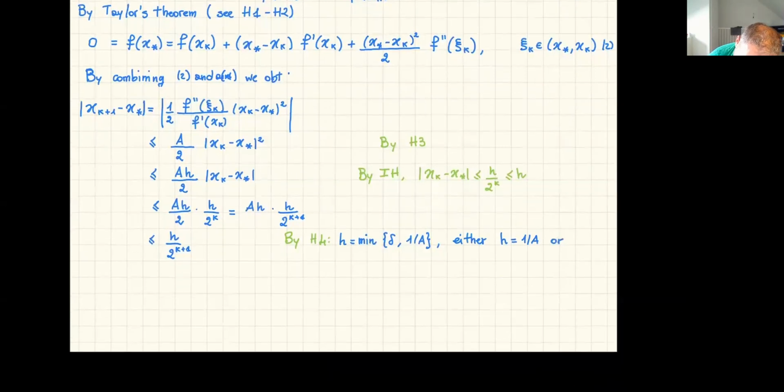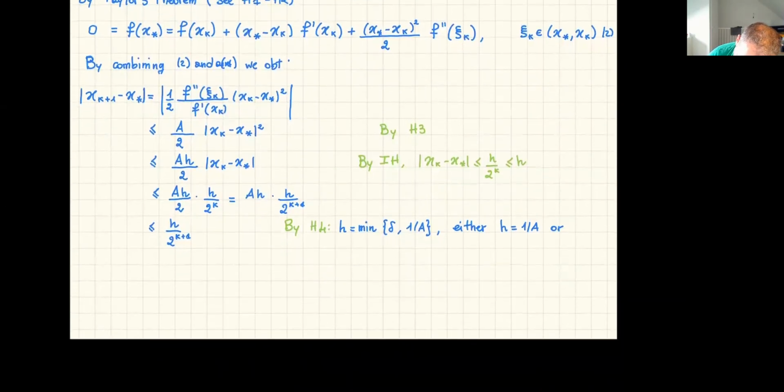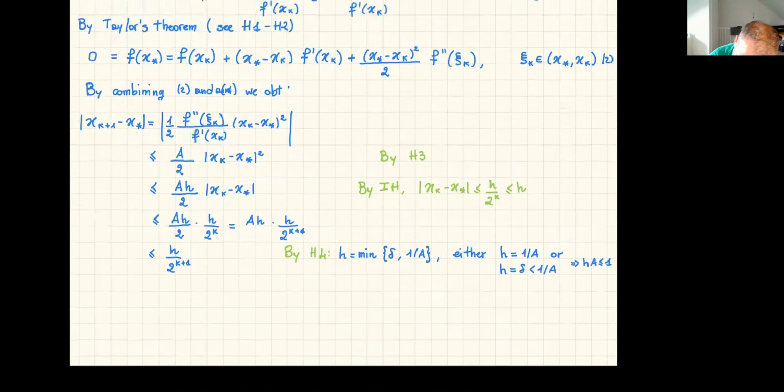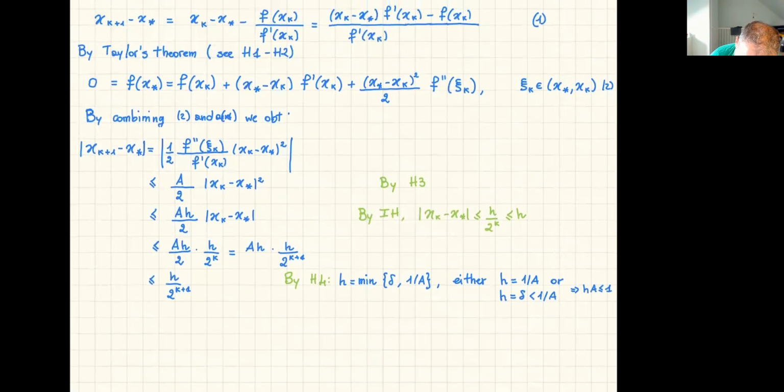Or h is equal to delta, but also delta is less than 1 upon a. And the two things combined together means that ha is less than or equal to 1, which is why this further bound was possible.